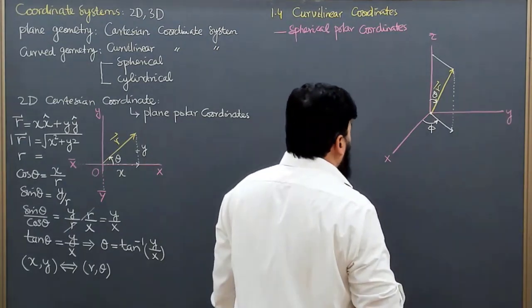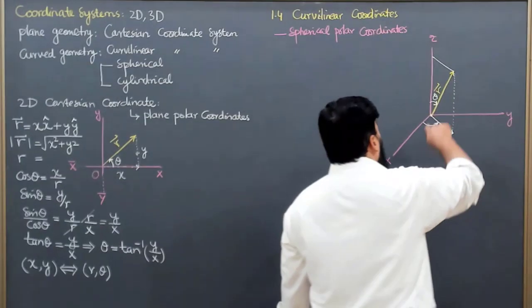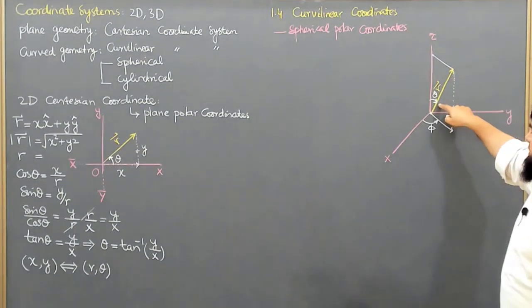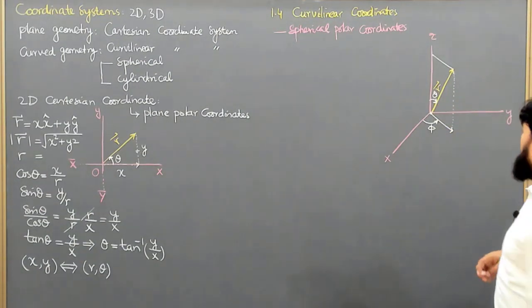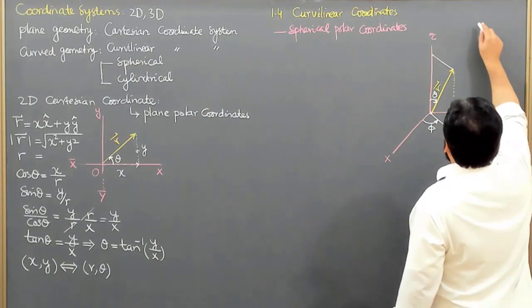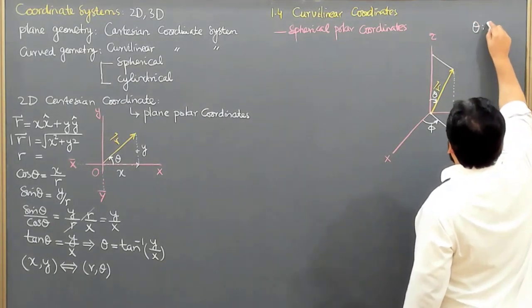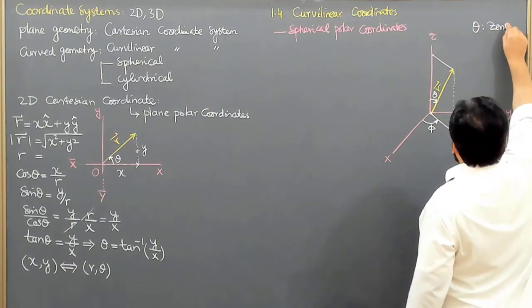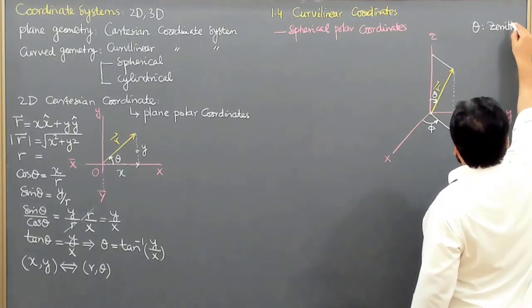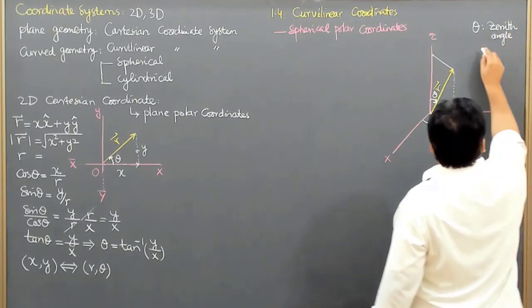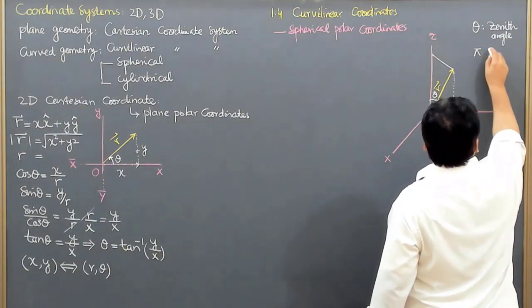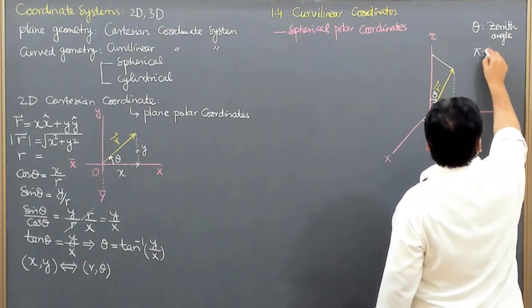The angle theta we call the zenith angle, and the angle phi we call the azimuthal angle. So theta is the zenith angle, and phi is the azimuthal angle.